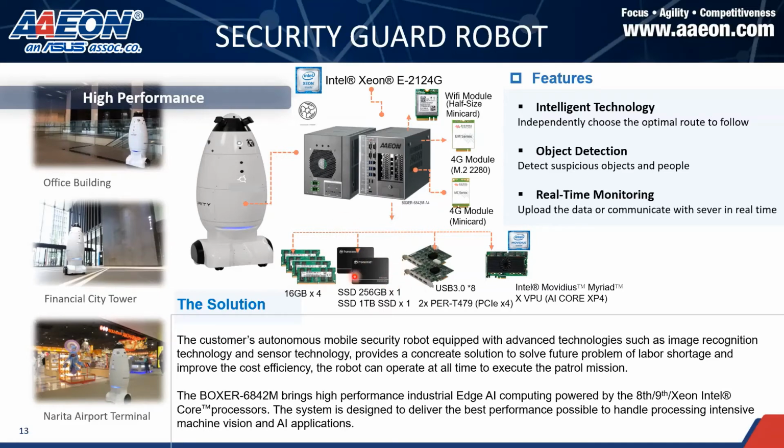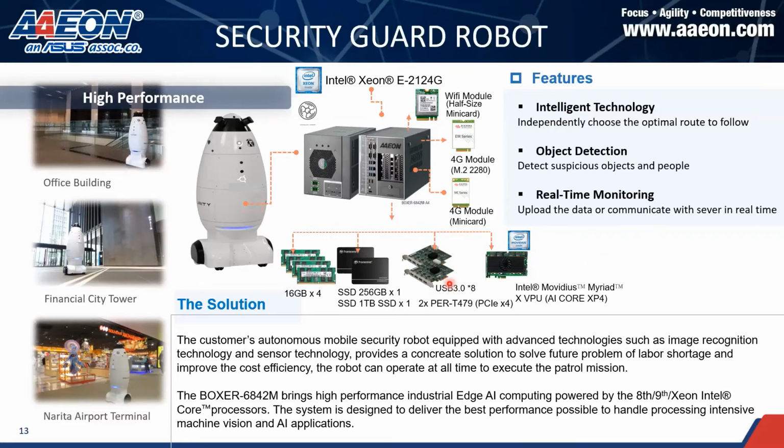The customer also needs expansion slots for lots of USB, so they install 2 of our PRT 479s, which utilize the PCIe by 4 in the Boxer. Aside from that, they need the AI function, so that's why they chose the Intel Movidius Myriad X VPU to do the algorithm and all the software computing.